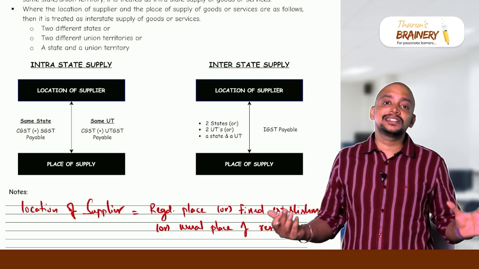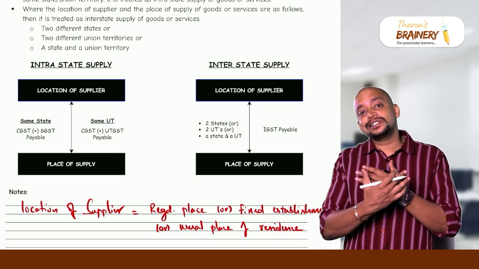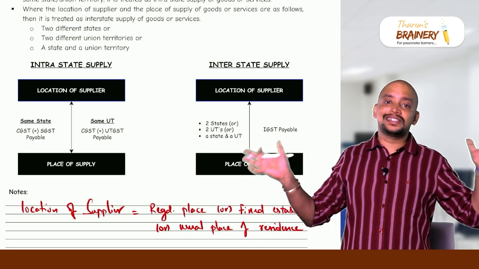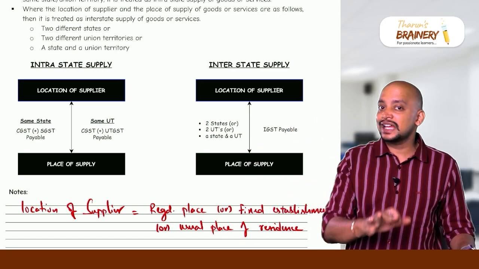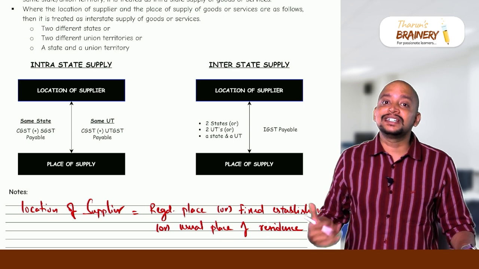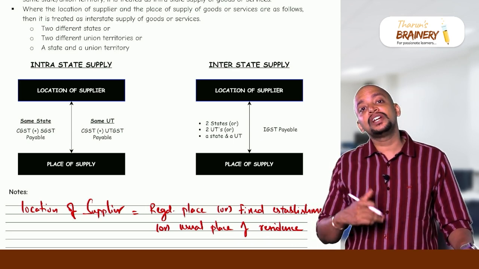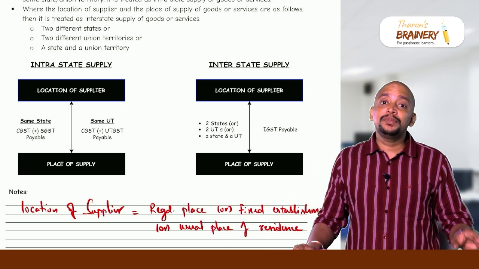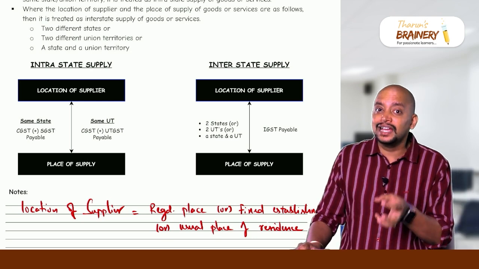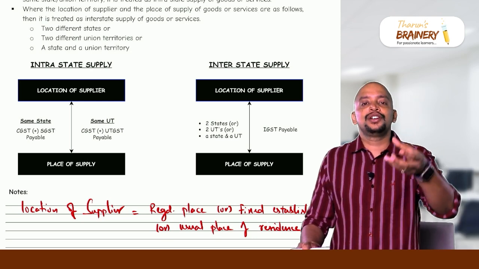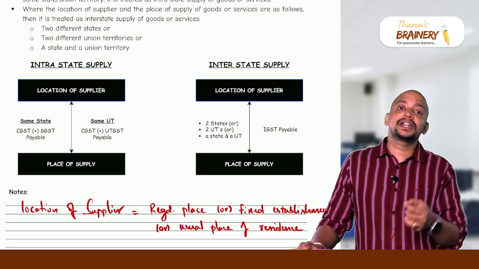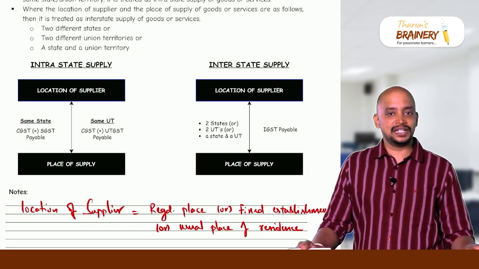CGST is the summation of GST collected across all the states, because in every state the GST will be common, CGST. Even in union territory perhaps that will be common. But the UTGST is like union territory contribution. For that reason, they have created a separate accounting head, that is UTGST.